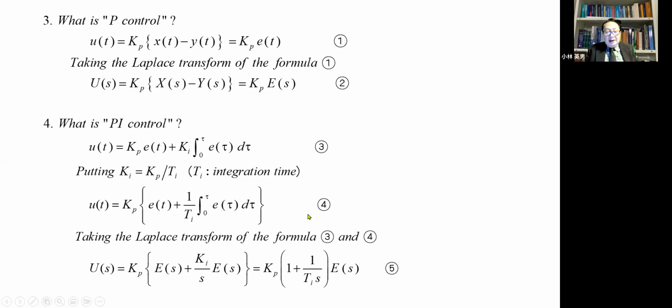Number 4 formula is changed using Laplace transform. Then we can get number 5 formula, like this. So the time integration is Laplace transformed, then integration becomes 1 over S. Integration becomes 1 over S in Laplace transform. So here, 1 over S appears.